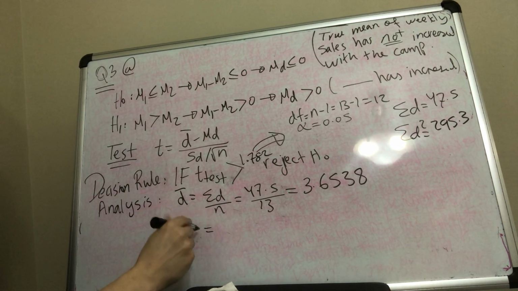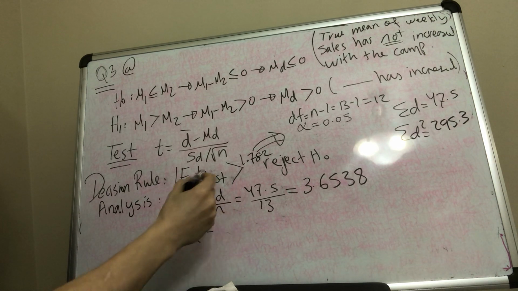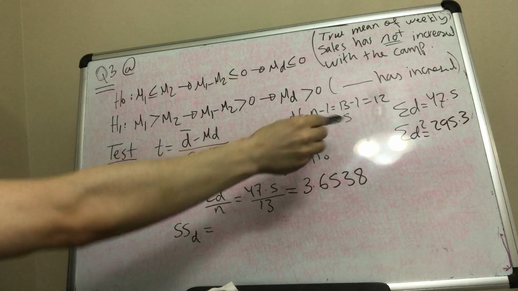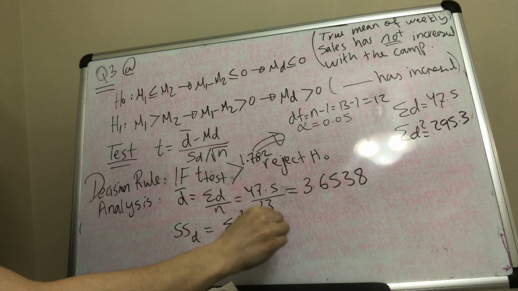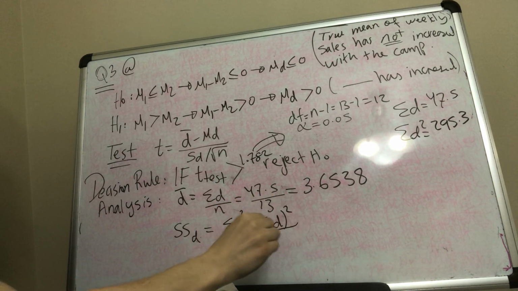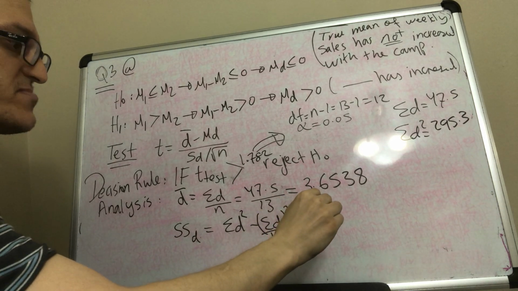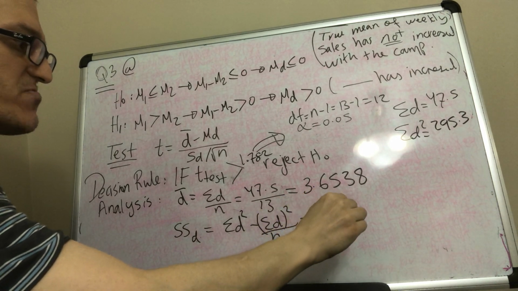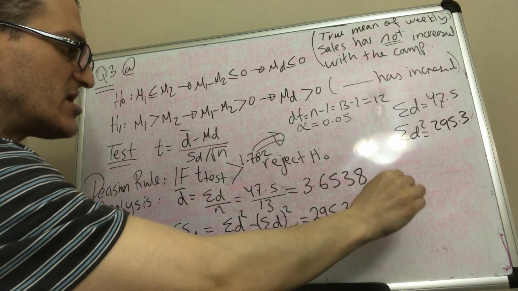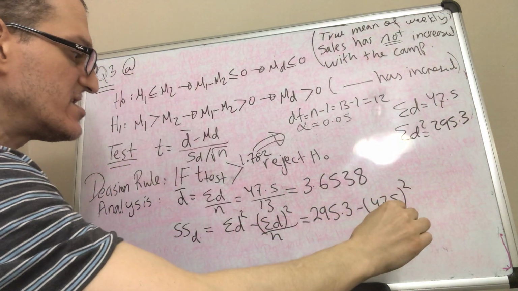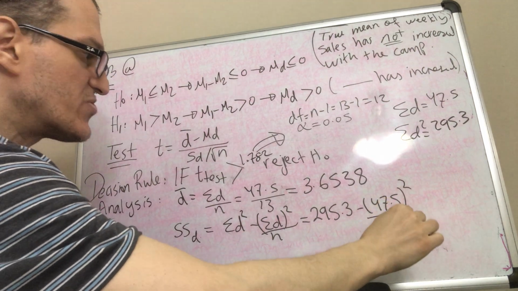In this case it would be SSD. It's the same formula, but for the d. Sum of d squared, minus sum of d entirely squared over n, 295.3 minus 47.5 squared, and it's a sample of 13.